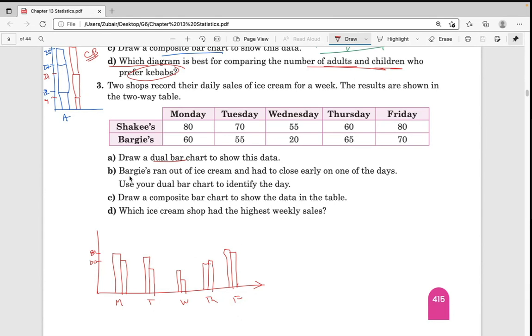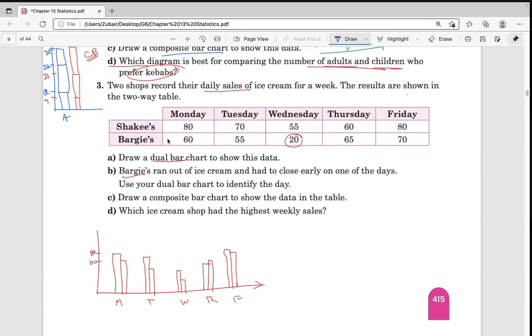The question says the shop ran out of ice cream and had to close early on one of the days. We are talking about daily sales, and I can see that from the numbers as well as from the bars.